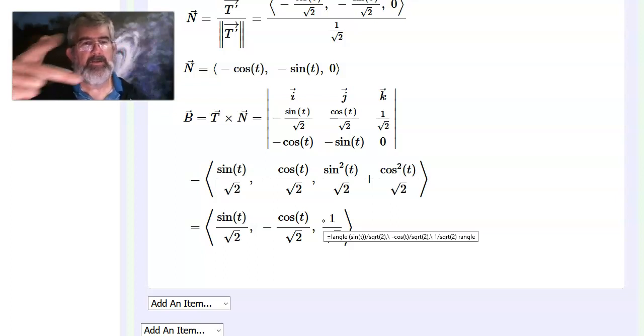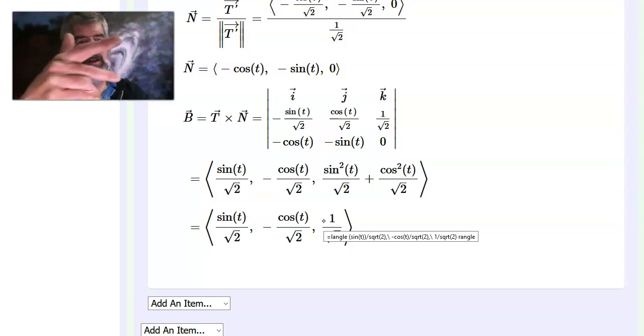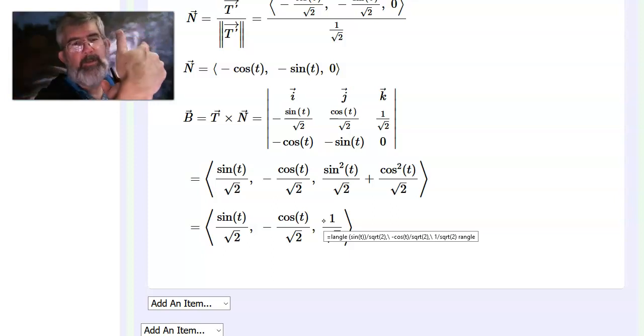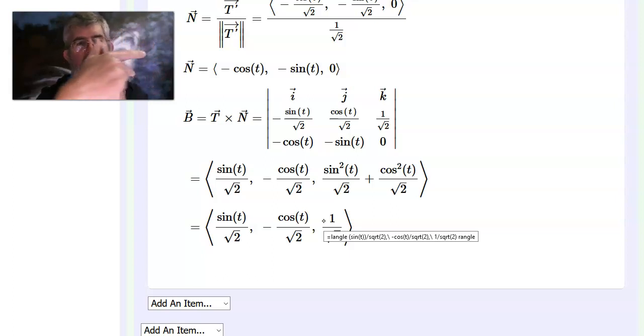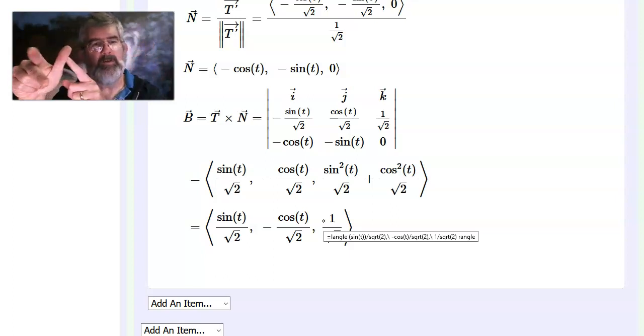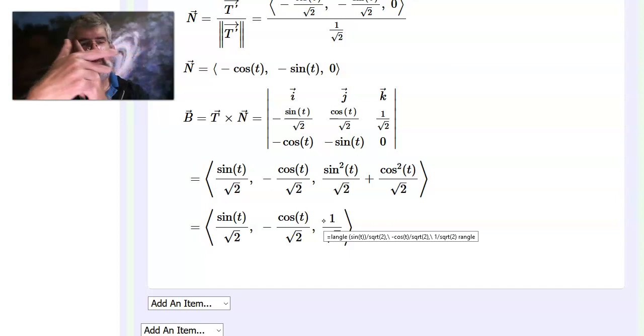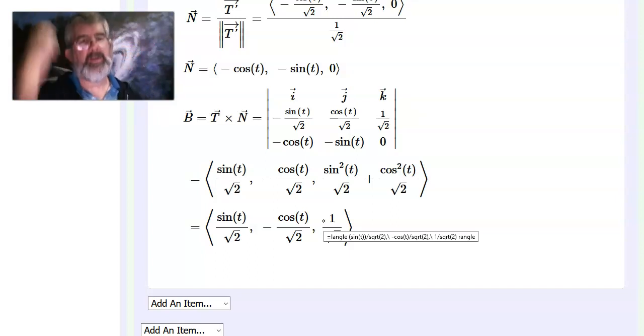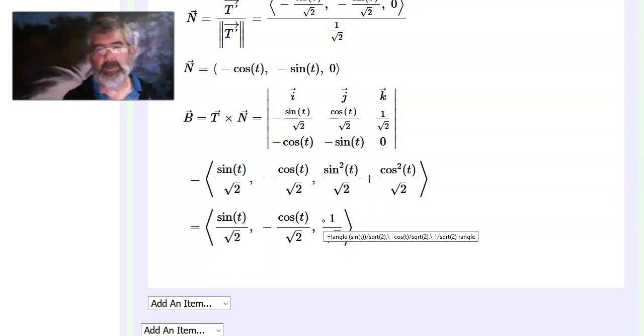As it's spinning around like this, that binormal vector is always pointing up the same amount. It's pointing in different directions with respect to x and y as you turn this way, but it always has the same amount pointing up because that helix is always growing at that same amount.